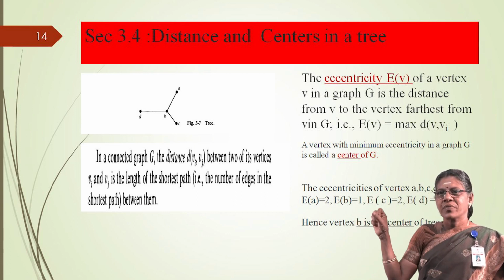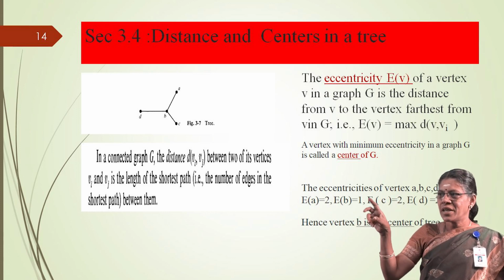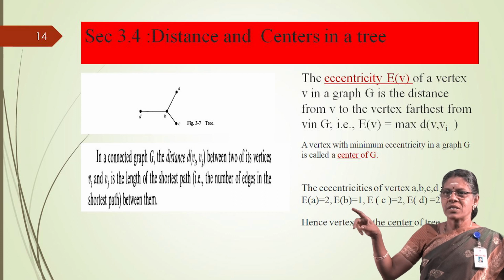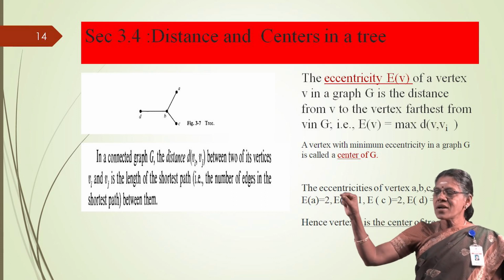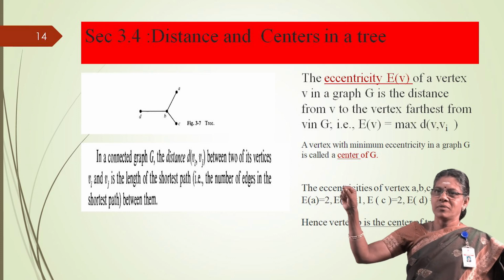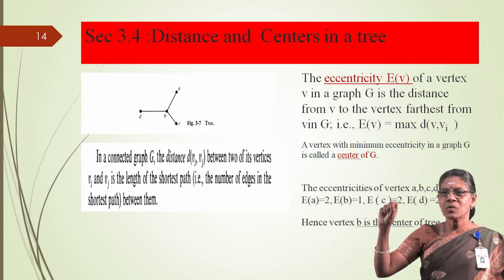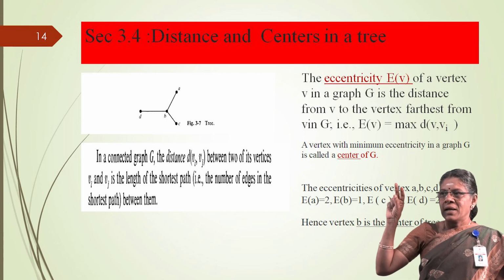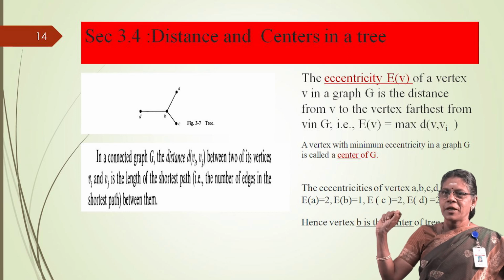In a connected graph G, the distance between 2 vertices Vi and Vj is the length of the shortest path between Vi and Vj.